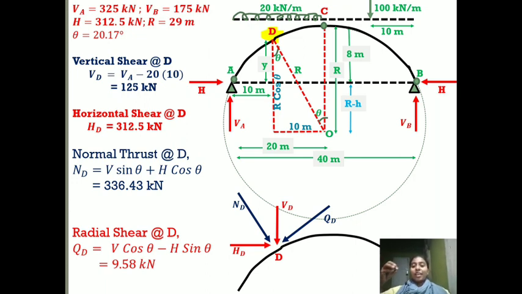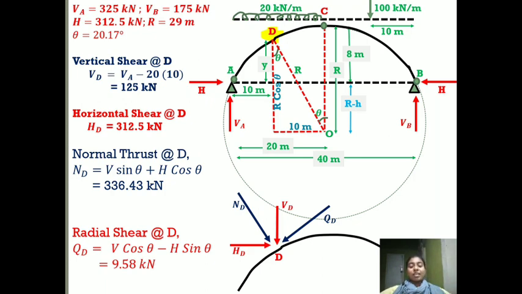In order to make our calculations simpler, since D lies in AC, in the left half of the arch, we will consider the left of D.